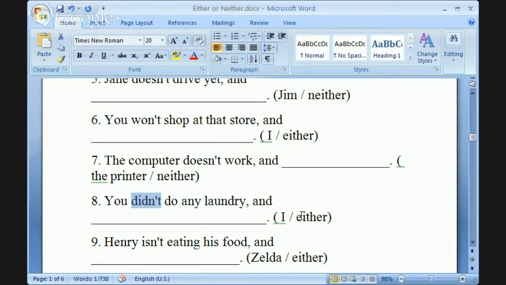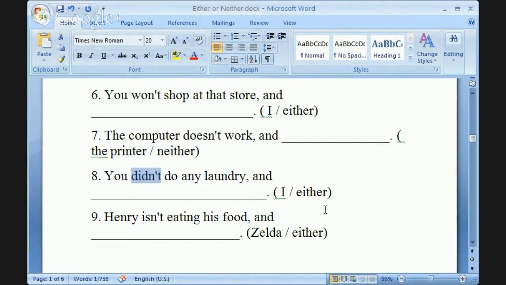I like ice cream, and so do you. I like ice cream, and you do too. That's all positive, right? I don't like ice cream, and neither do you. I don't like ice cream, and you don't either. Negative, negative, negative. So it's just the negative version of sentences where we use too and so.